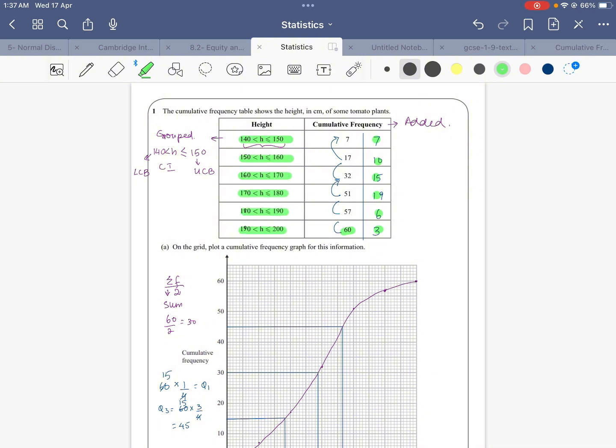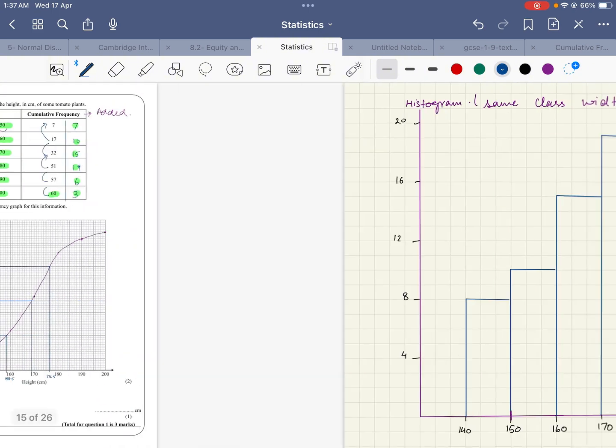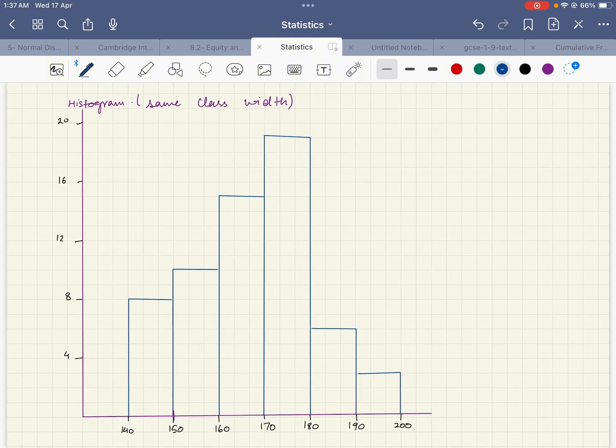Now, for these types of class intervals, we can draw a simple histogram. These have the same class widths, so we will draw a histogram using frequency, not cumulative frequency. I have already drawn the histogram, and we can see I have used frequency on the y-axis, and the bars are of different heights. They are not constantly increasing. We can see that they are increasing and decreasing as well.